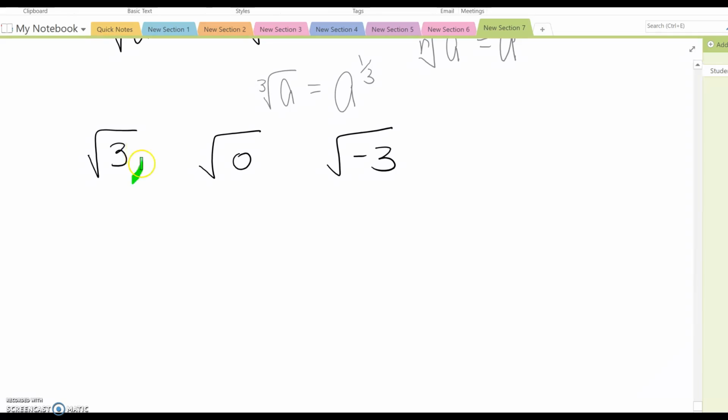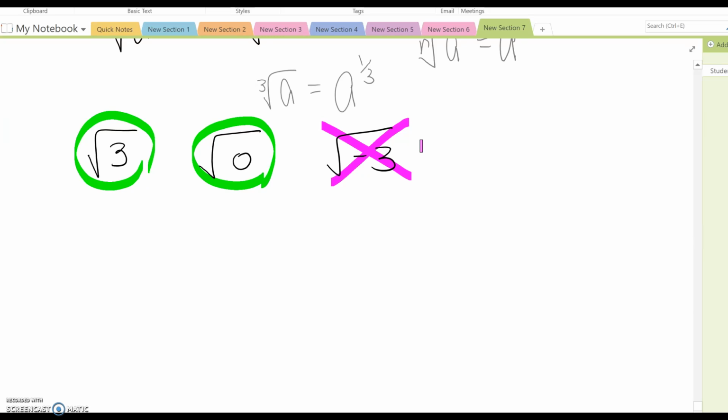As you know, the first two are fine, but not this one. However, what about this case? Cubic root 3, cubic root 0, cubic root negative 3. They're all fine because with odd powers, a negative times a negative still becomes negative.